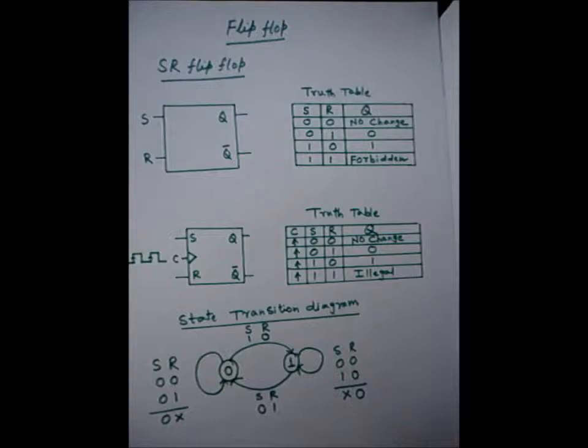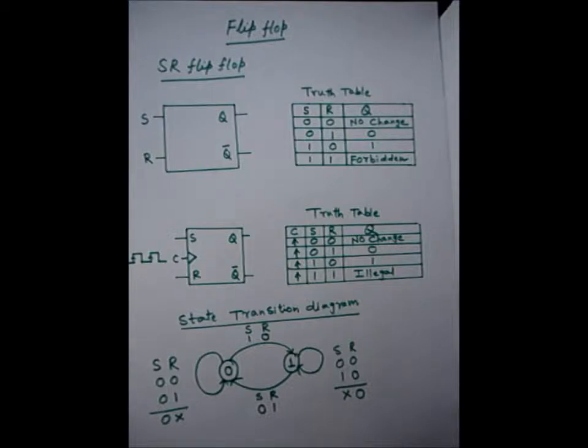We will discuss flip-flop. As per the definition, a flip-flop is a bistable electronic circuit which has two stable states. That is important. It is just like a switch, which has on or off.